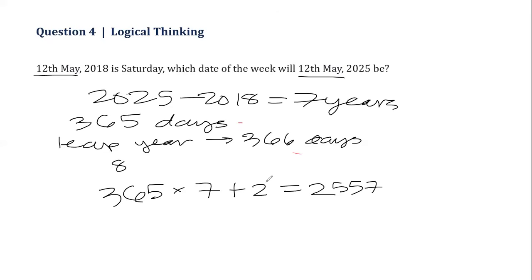If I go 365 days, 365 divided by 7 leaves a remainder of 1, so I can just write 365 as 1. Yes, that's also a valid solution. It is true that if you divide 365, the remainder should be 1. However, I'm showing here the usual solution.